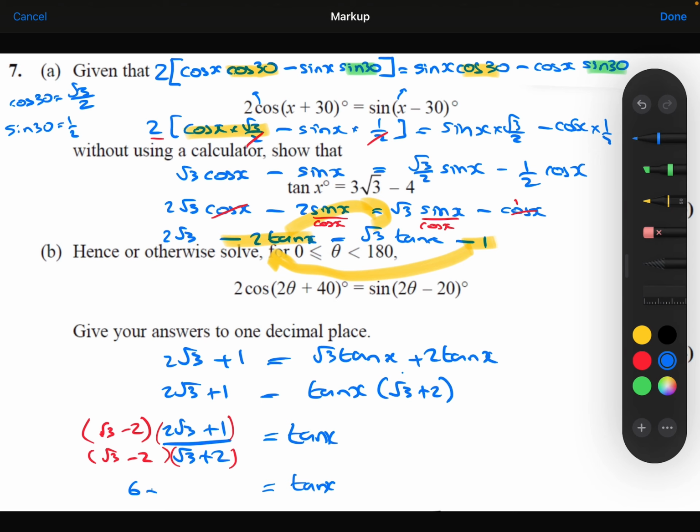The root 3 times 1 is root 3. The minus 2 times 2 root 3 is minus 4 root 3. The minus 2 times 1 is minus 2. And on the denominator, the root 3 times root 3 is 3. And the minus 2 times the plus 2 is minus 4.